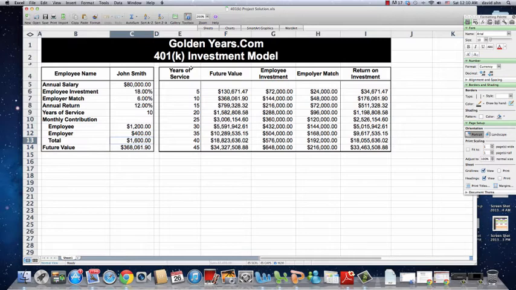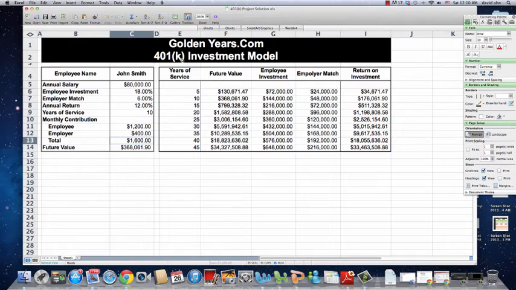Since the government allows you this 401k plan and gives you a lot of tax break, I think everybody should study this and understand how this plan works, and you should use this plan and this project for your benefit in the future.